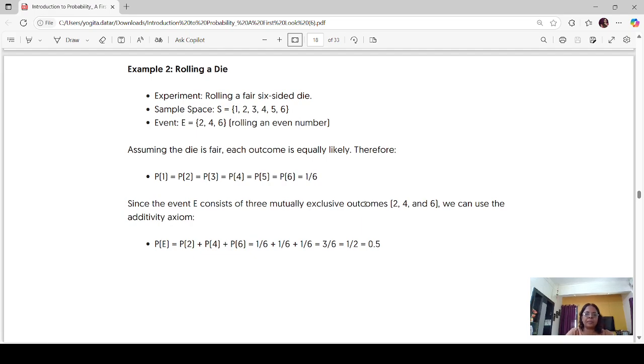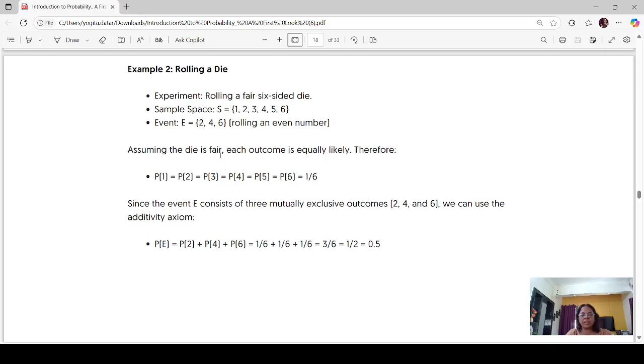This is the second example, of rolling a die. The sample space is 1, 2, 3, 4, 5, 6. If we are interested in getting an even number, then event E will have 3 sample points, 2, 4, 6.